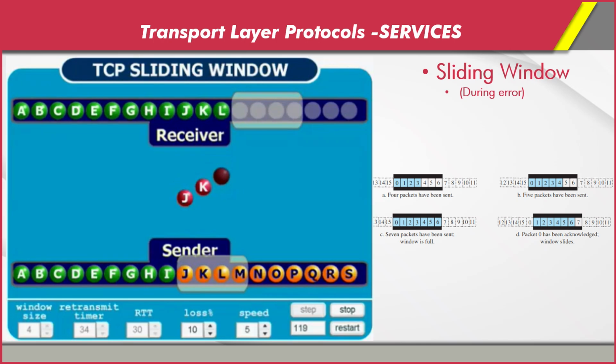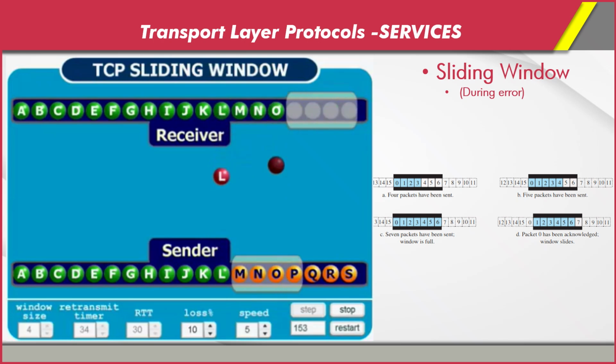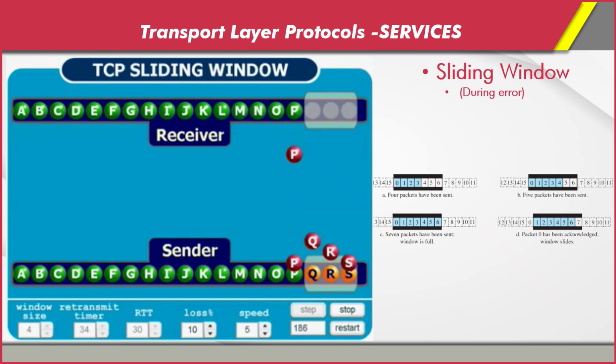So the messages are retransmitted from the sender side to the receiver side. So this is one possibility of error that could happen. Due to this, definitely there could be a loss of messages. Similarly, here we can see that the next 4 bits are sent, and again the same thing happens.